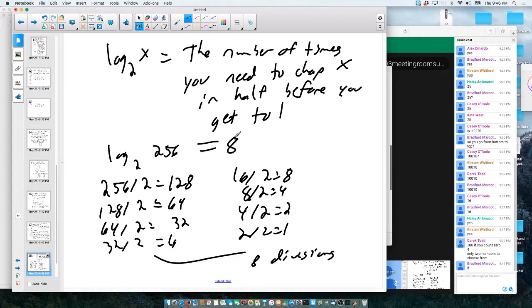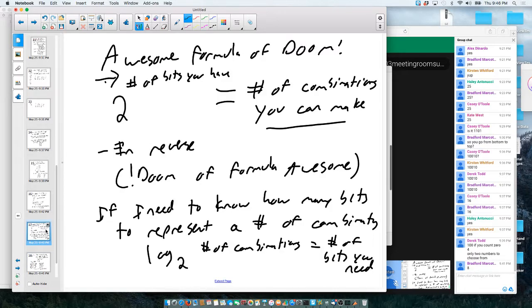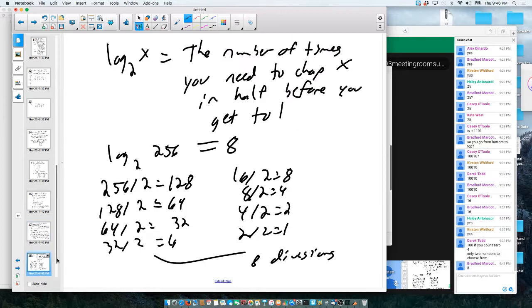So it equals 8. Okay, so don't get scared by the word log. All the word log means is I want to chop this thing in half over and over again until I get to 1, because it's the opposite of doubling over and over again until I get to the number.